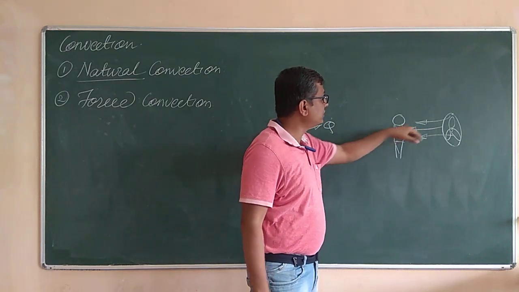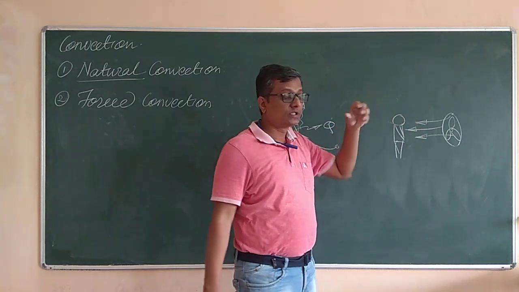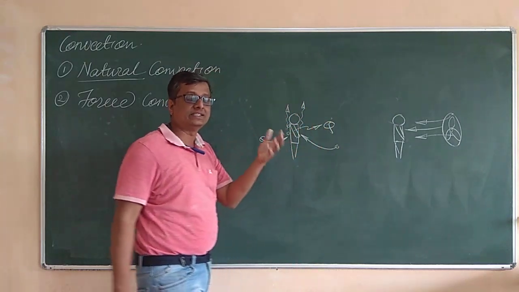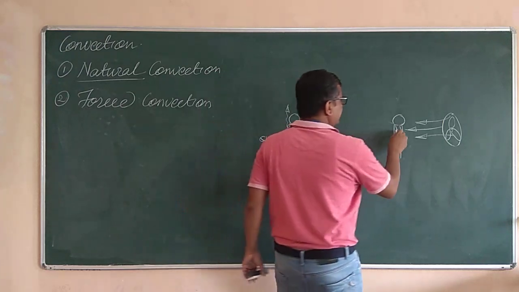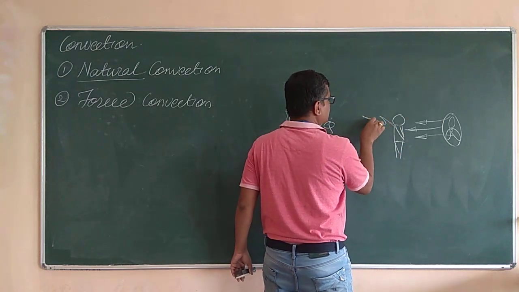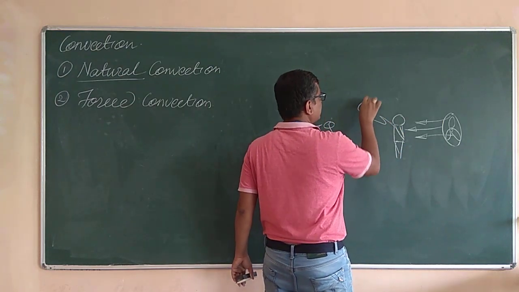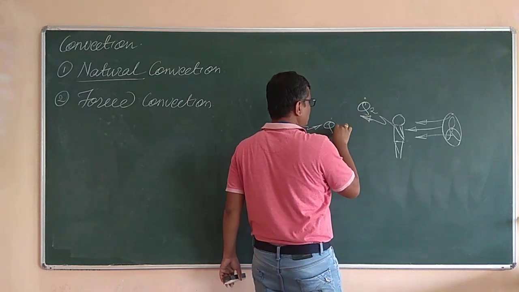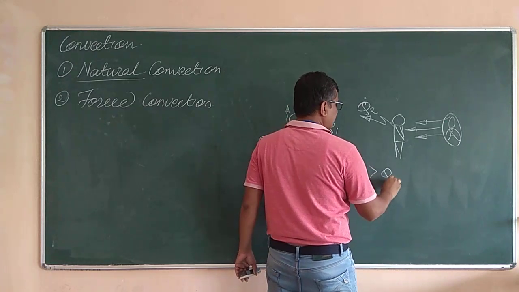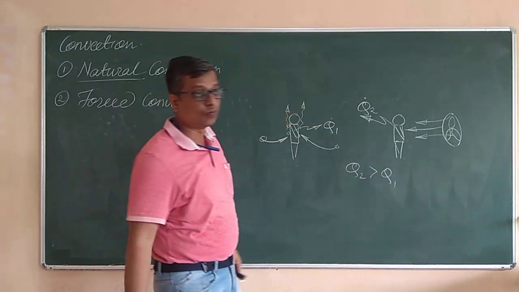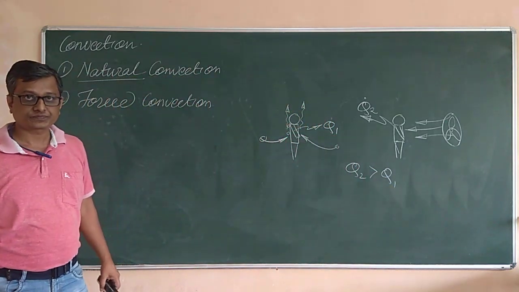As the air moves near his body, the boundary layer thickness will decrease, and as it decreases, h will increase. If h increases, the rate at which heat is transferred from this body to the surrounding, let us say Q1 and Q2, in this case obviously Q2 will be more than Q1. So heat transfer is more in the case of forced convection, right?